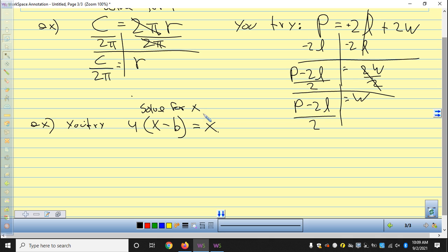I would subtract x from both sides. So let me double check what you did. Yeah, here, you want to get all your x's together on one side. Or you divide by 4.